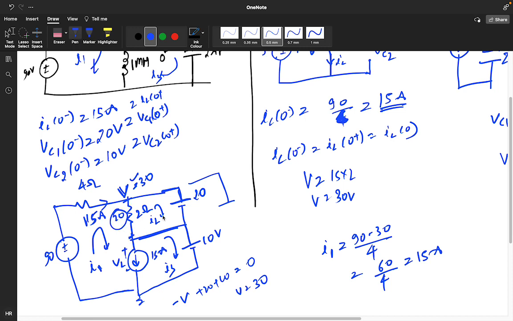So 20 divided by 2, this branch current is 10 ampere. If 15 ampere is coming and 10 ampere is going downside, what current will come here? 5 ampere current.